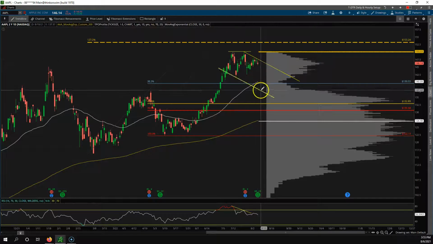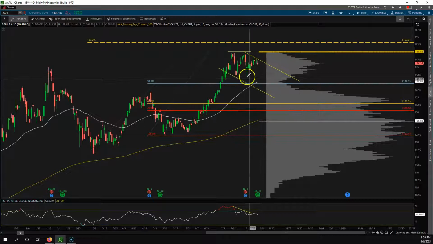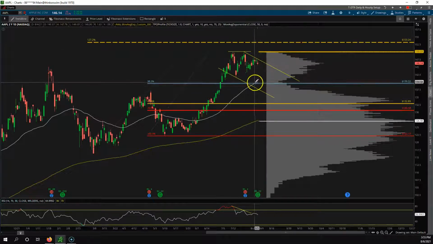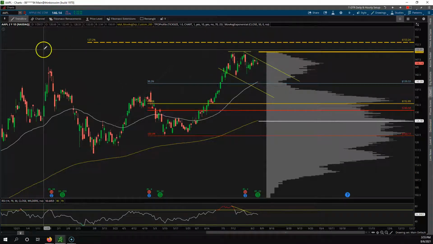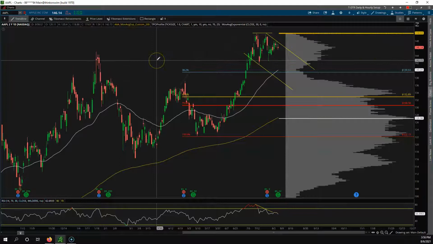So if we do fall back down here, keep an eye on this. I would probably be watching this X marks the spot. Somewhere around this 140 level to maybe sell the 130 puts on Apple within the next week or two. So that's it.